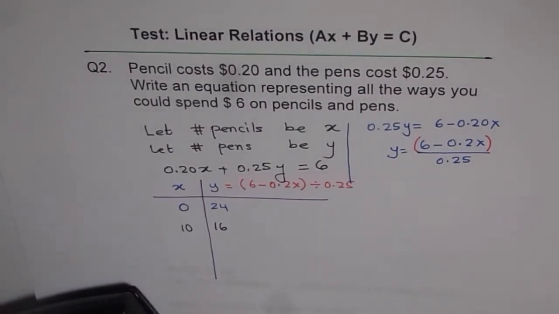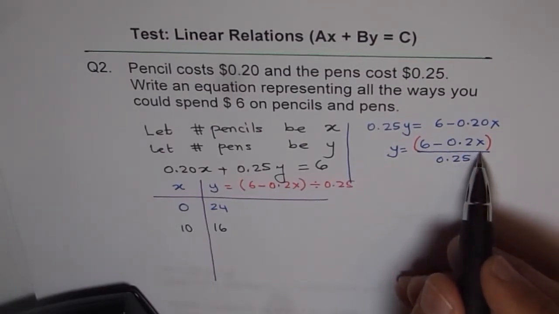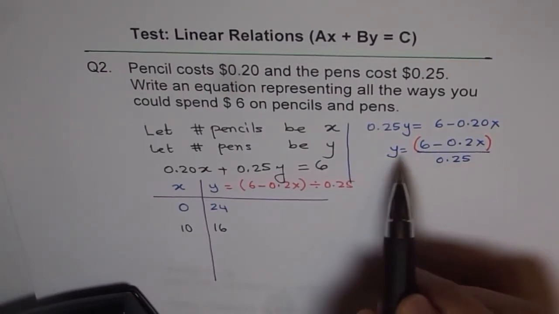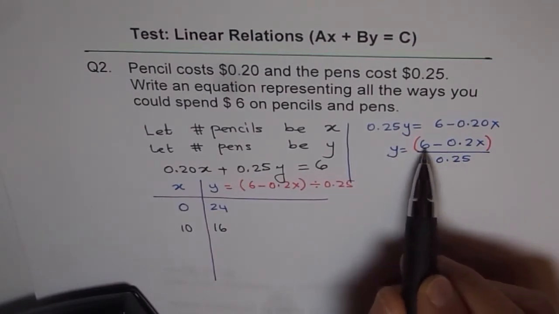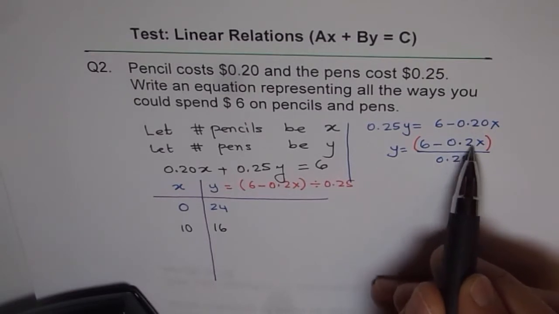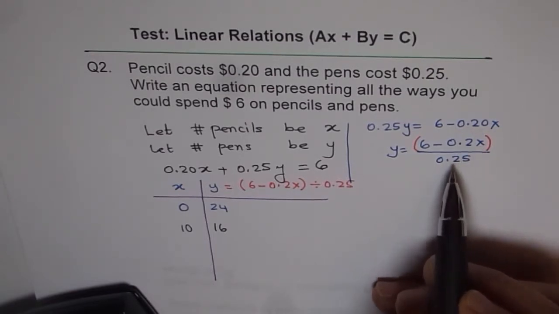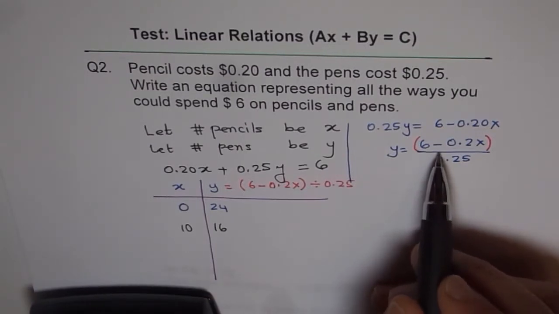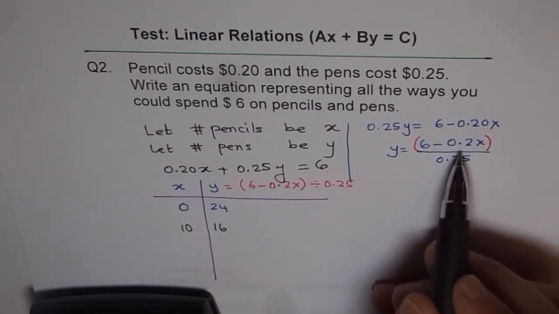So like this, you can calculate and get a lot of combinations, right? Now, there is a maximum limit to this. What is the limit? That is another interesting thing to see. You can see from here that y should always be positive, right? So 6 minus 0.2x should always be greater than 0. It cannot be less than 0. Do you understand that part?